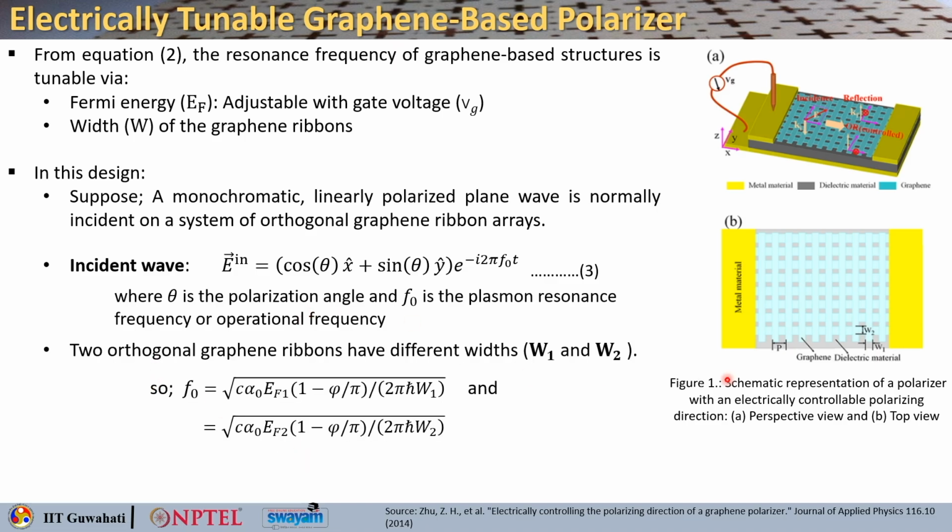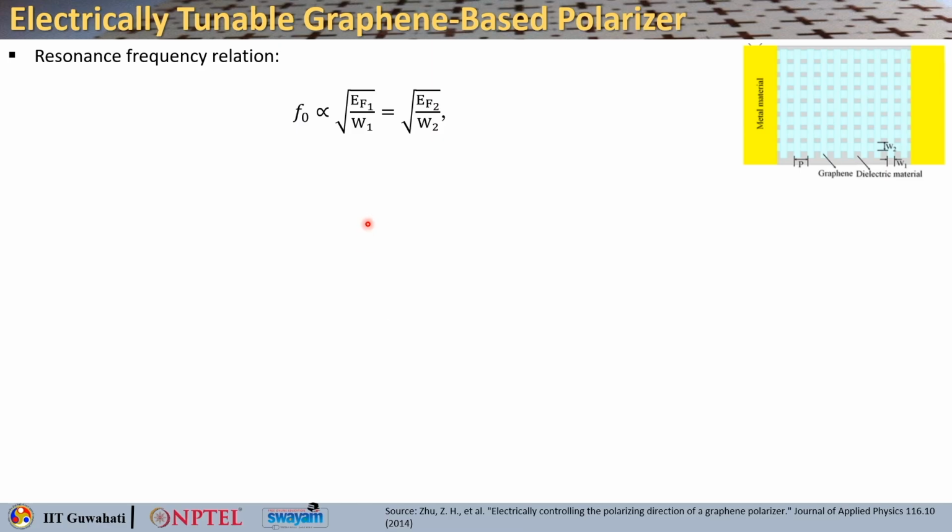Now, because you have two different ribbon widths, W1 and W2, you can correlate that f naught will be determined by EF1 and W1 for the first ribbon, and for the other ribbon by the Fermi energy EF2 and the width W2, with all other parameters remaining the same. So, what does it tell you? That the resonance frequency is proportional to the square root of the Fermi energy to width ratio.